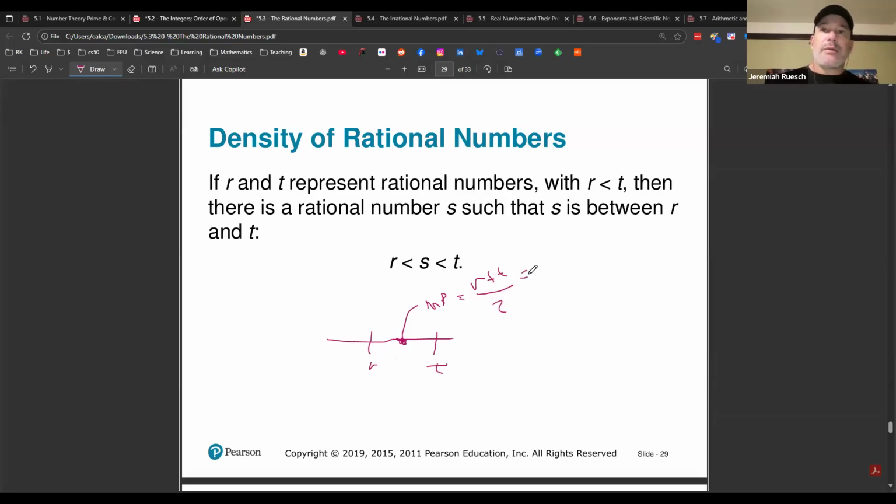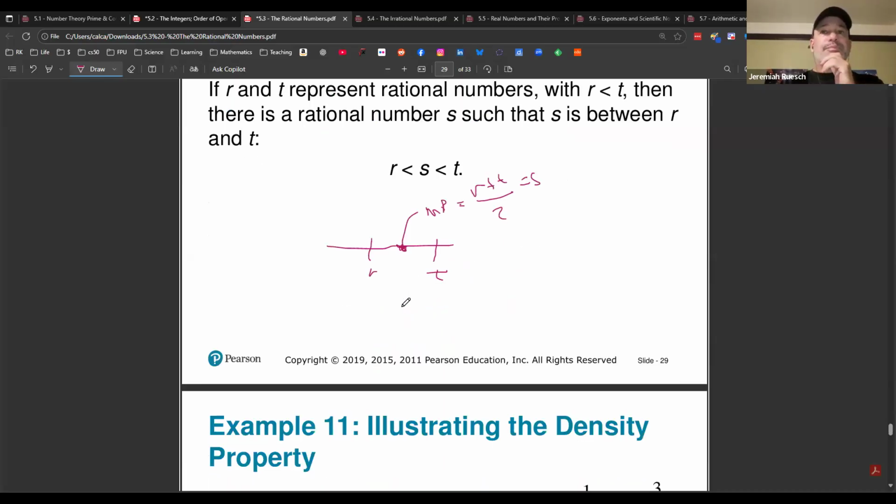And if we call that S, then we're always going to be guaranteed that there's at least one point in between them, because this is a rational number, and it is by design in between these two numbers. So there always exists a rational number, and that's what it's talking about. The density of them is that, and it doesn't matter what R and T are. You can always find a rational number in between those two numbers. In particular, one that's easy to think of is the midpoint between R and T, no matter how small these numbers get. All right.